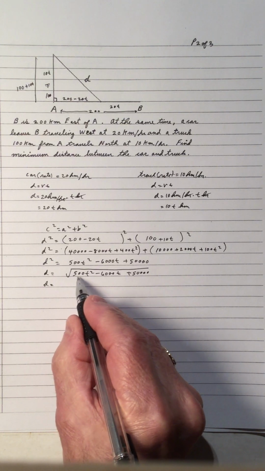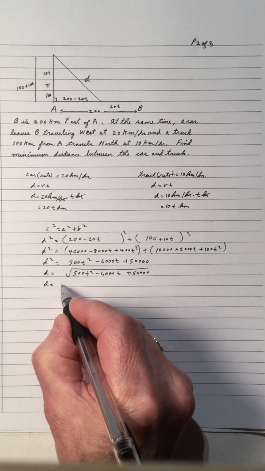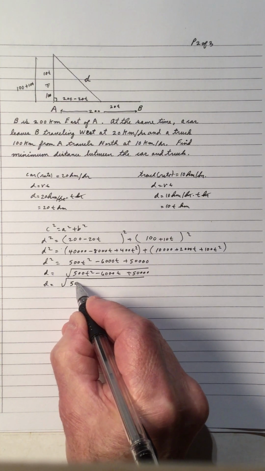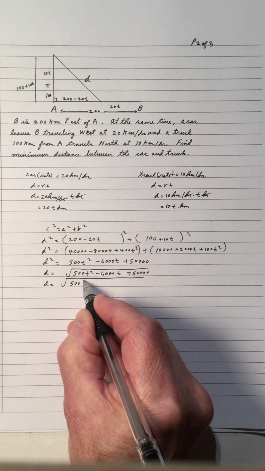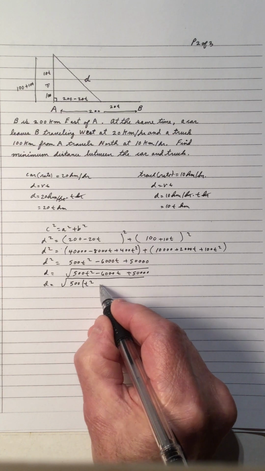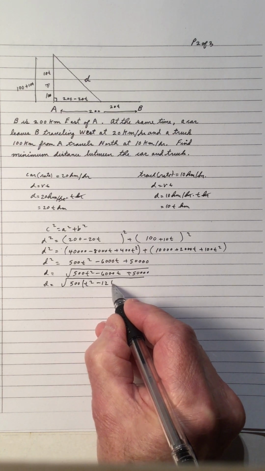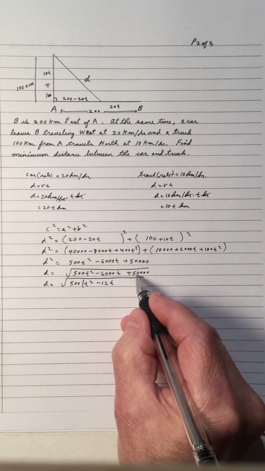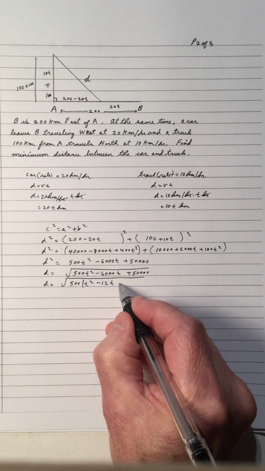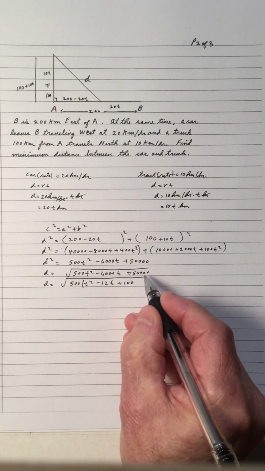Let's take 500 out, because 500 is a common factor. With 500 coming out, we get t squared, 6,000 divided by 500 is 12 and is negative, and 50,000 divided by 500 is 100.